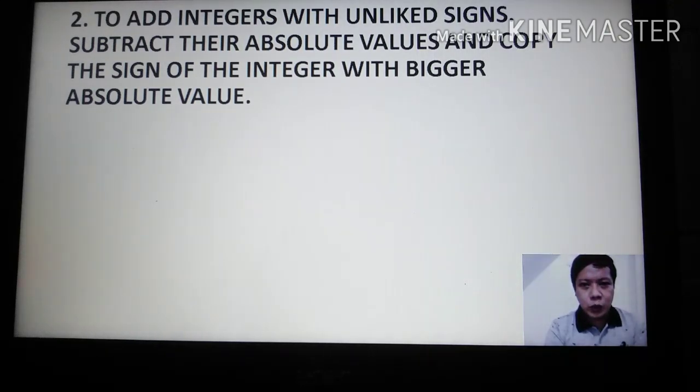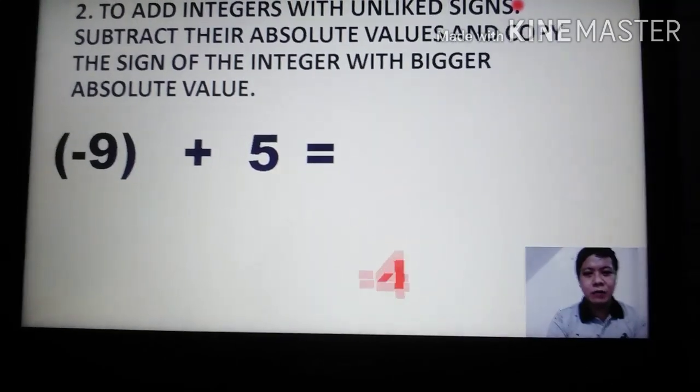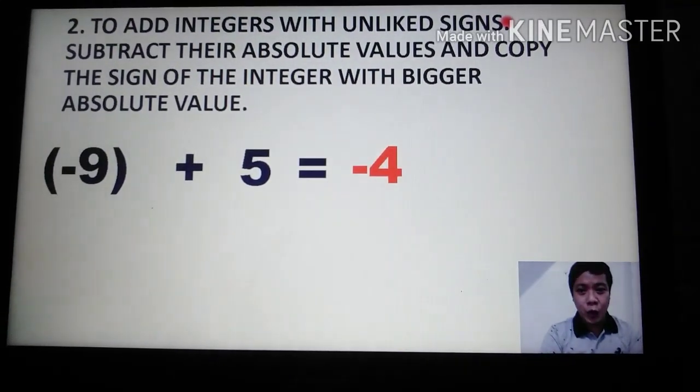To add integers with unlike signs, we're going to subtract because they are unlike sign. For example, negative 9 plus positive 5, they are unlike sign. One is negative and the other one is positive. What are you going to do? Of course, you're going to subtract their absolute values. So 9 minus 5, our sum is negative 4.